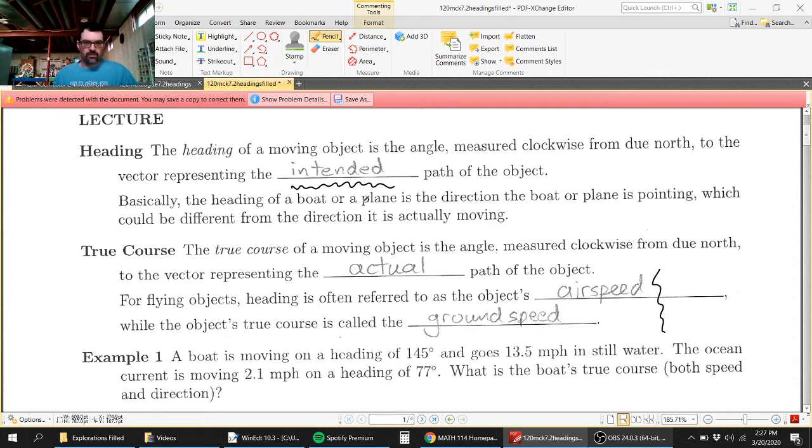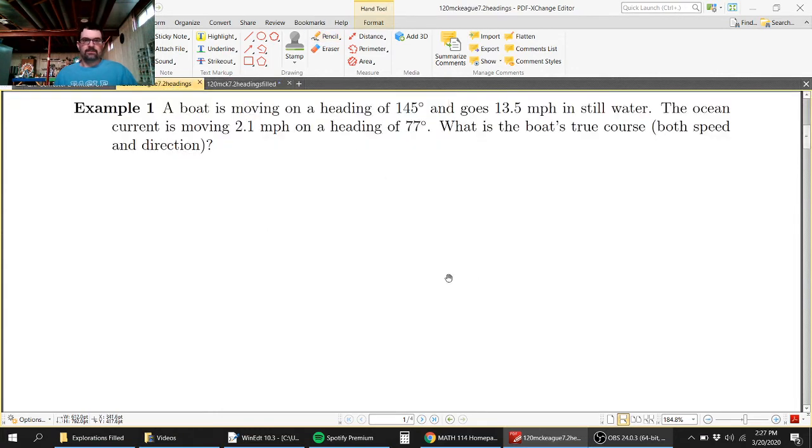I'm going to do those live, and then we'll go to the work. Once we have the picture dealt with, it's just going to be one of our classic triangle situations, and you'll have to use the law of sines or law of cosines or something like that to figure out some stuff. All right, so example number one.